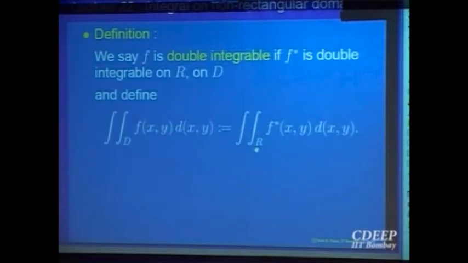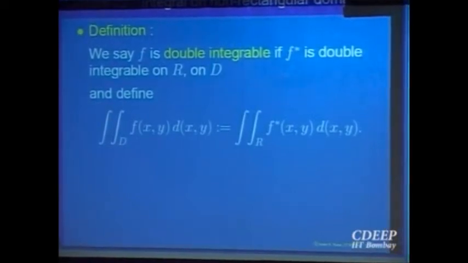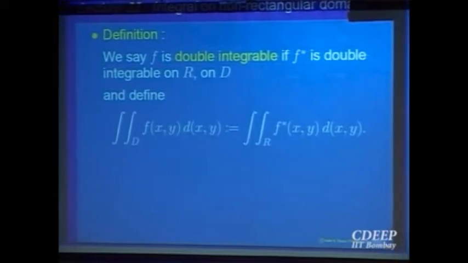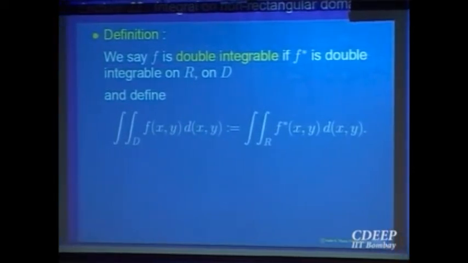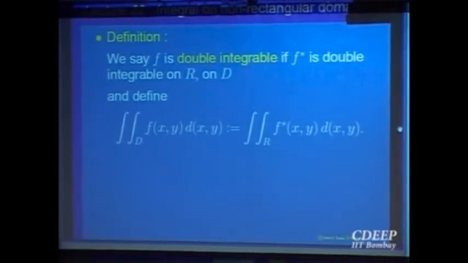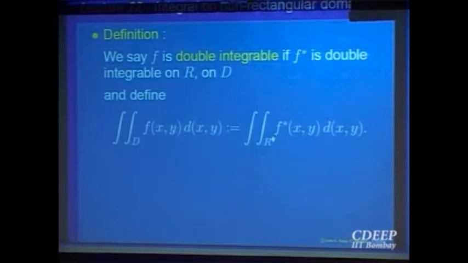One may wonder whether it will depend on the rectangle, because I can take different rectangles enclosing D. But it doesn't, because you are putting 0 outside, so essentially it is not going to matter. One can prove it mathematically, but we will not go into those technical details. But that is essentially the idea: put it 0 outside, and intuitively that height 0 is not going to contribute anything towards the volume below that surface.